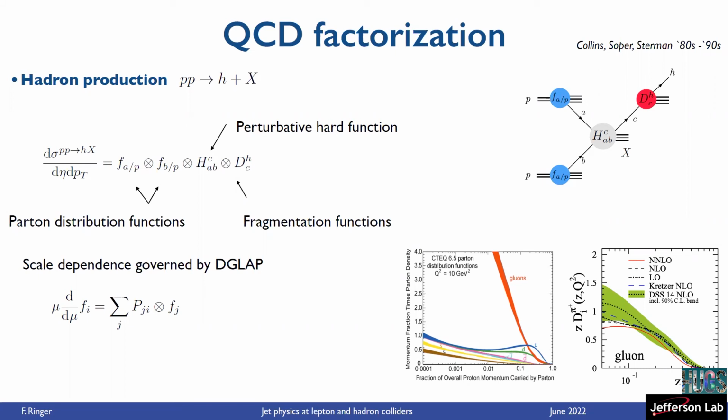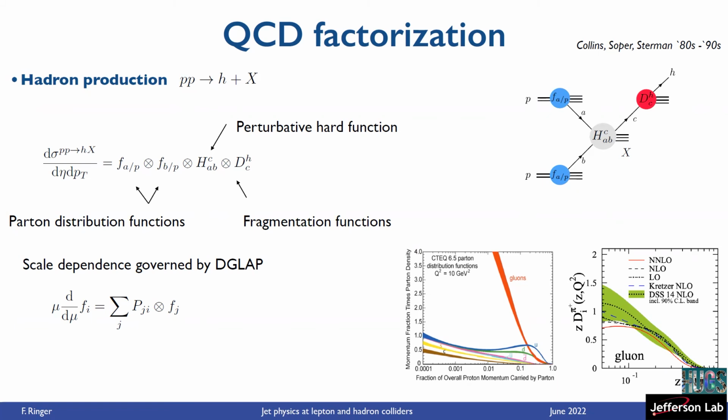The right-hand side is given by the PDF or the fragmentation function convolved with some splitting kernel. So I have an integro-differential equation to solve. By solving this, I can measure the PDF, say at JLab energies, and evolve it to LHC energies, and that's predicted by perturbative QCD. That's related to universality and things like that.